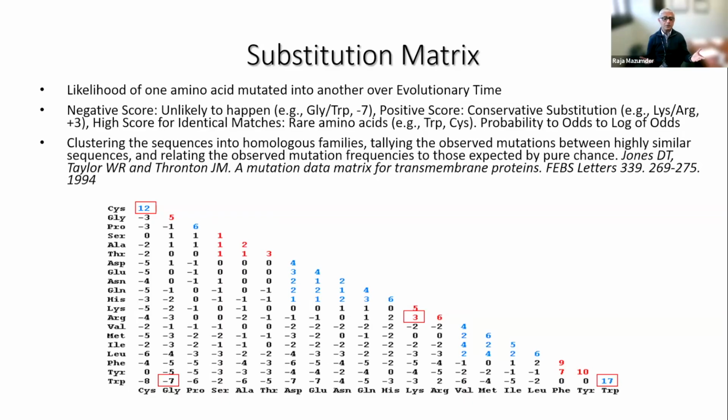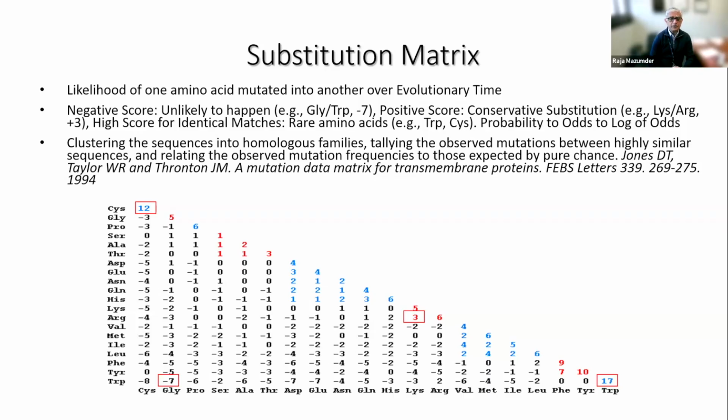And which amino acid is replacing what from an evolutionary context. Then they could have a score. They would put a negative score when a substitution is unlikely to happen, or a positive score when there's a conservative substitution. Identical matches were, of course, given high numbers. Using this type of matrix, you can then generate alignments, identify homologs, orthologs, and so on.